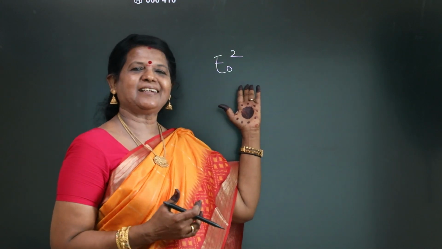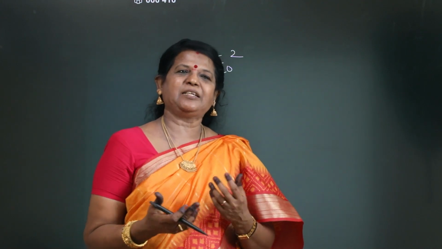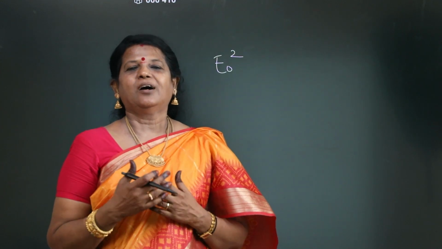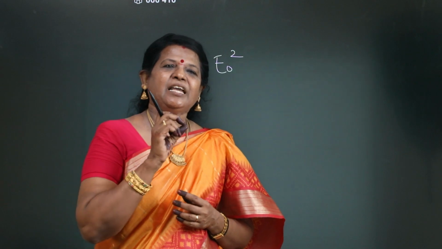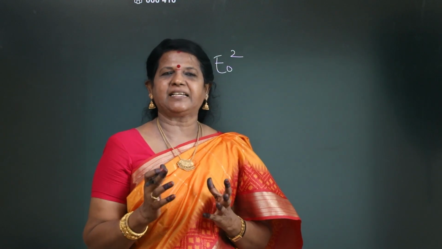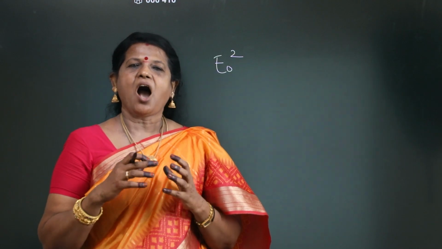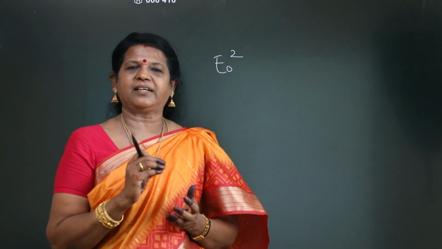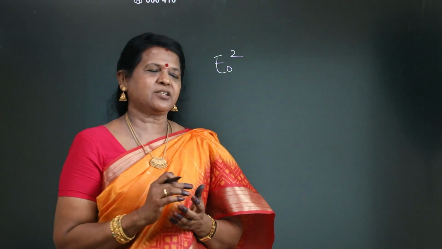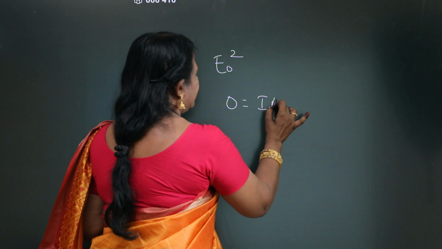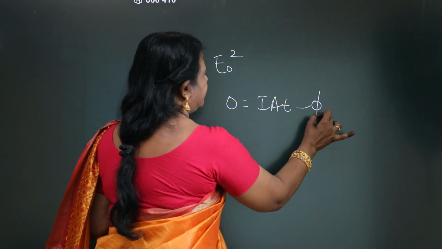Here we are considering the intensity of light, which is independent of the frequency. The next point to discuss is: if an electron accumulates light energy just enough to overcome the work function, it is ejected with zero kinetic energy. Therefore, from equation 1, 0 is equal to IAt minus phi naught.